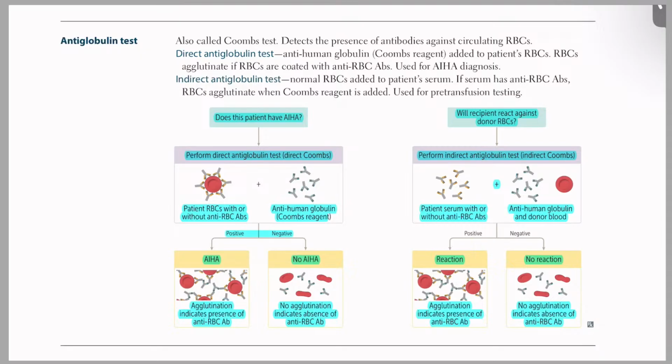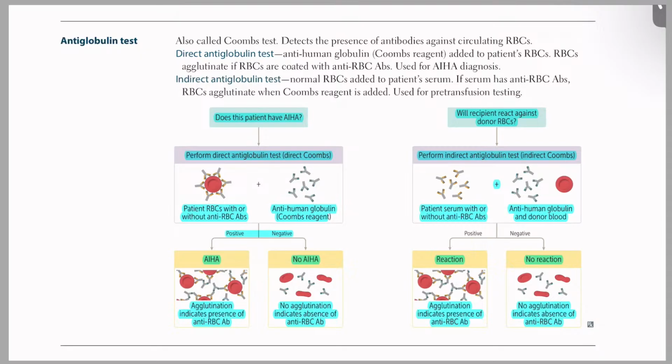Will recipient react against donor RBCs? Perform indirect antiglobulin test, indirect Coombs. Patient serum, with or without anti-RBC antibodies, plus anti-human globulin and donor blood.